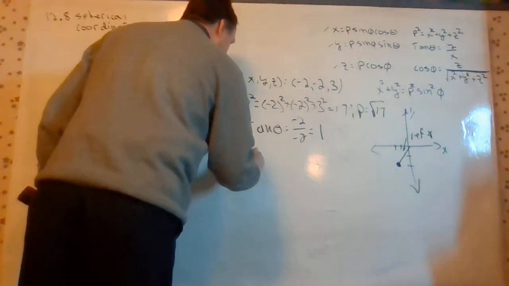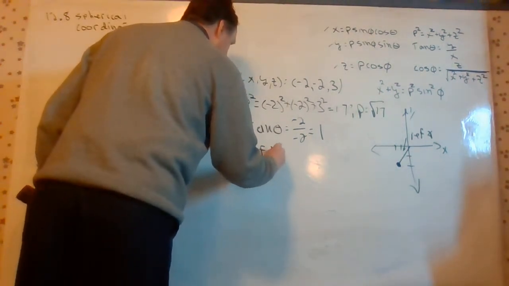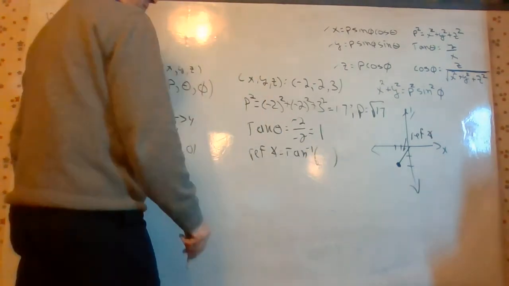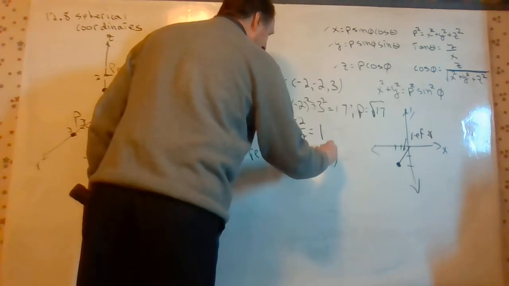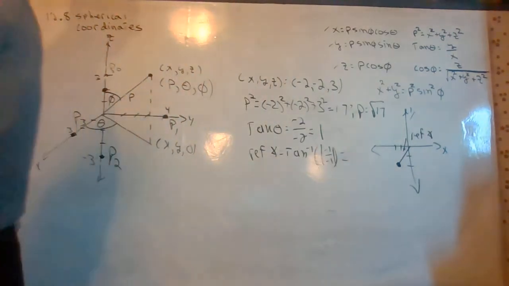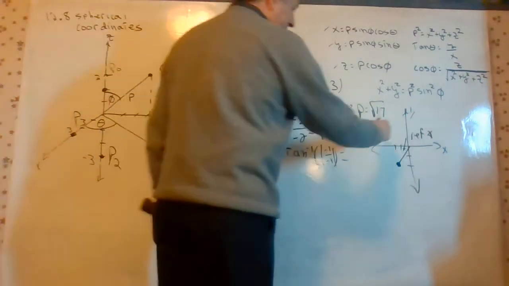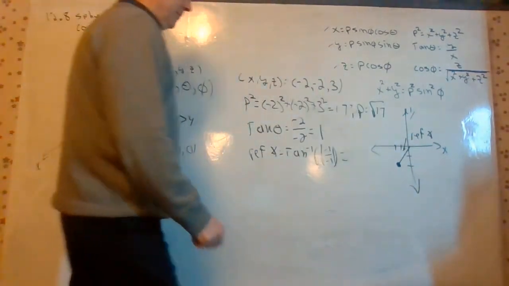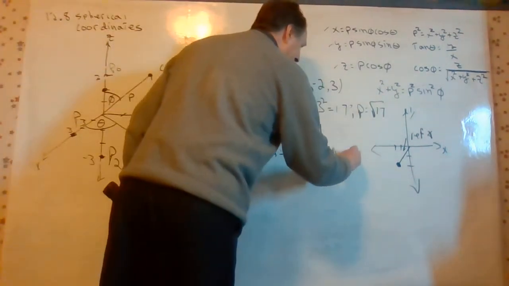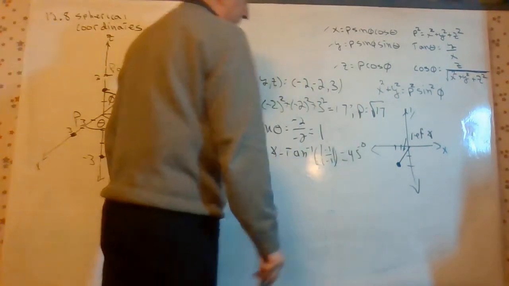And the reference angle is inverse tangent, absolute value -1 over -1. Okay, this is simply a right triangle trigonometry problem. We're not interested in positives or negatives. And in this case, we get 45 degrees.